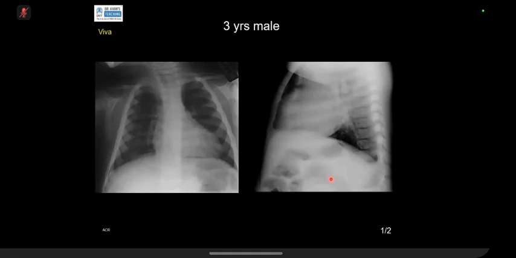Otherwise, the bones and the lungs look normal to me. The cardiac outline is also looking normal to me. On the lateral view also, I think the anterior aspect of the ribs are looking a bit bulky. So that can be because of the rosaries, rachitic rosary.